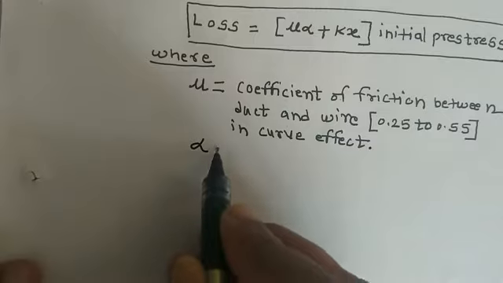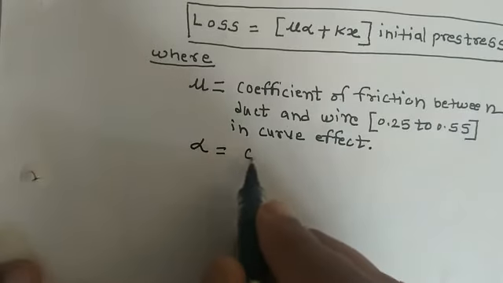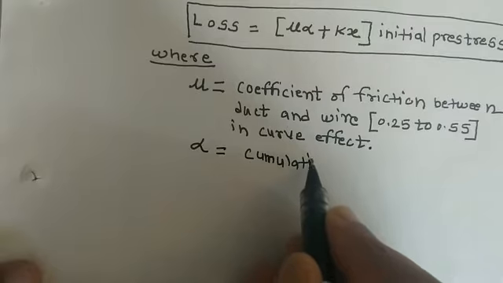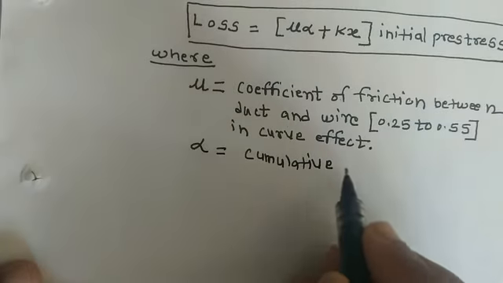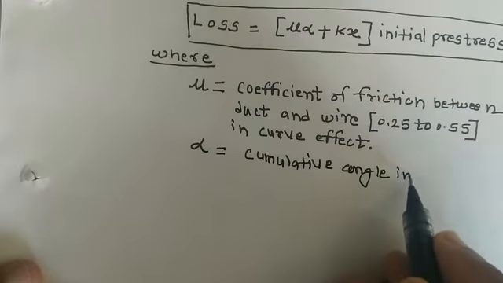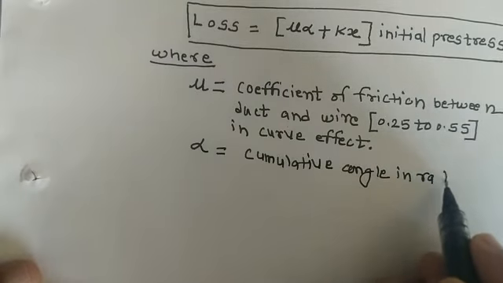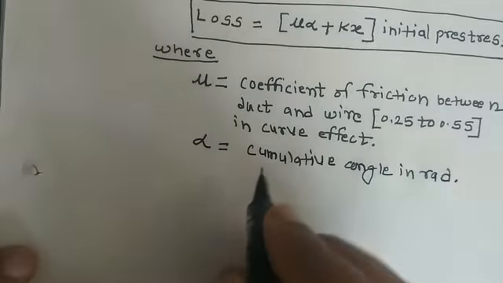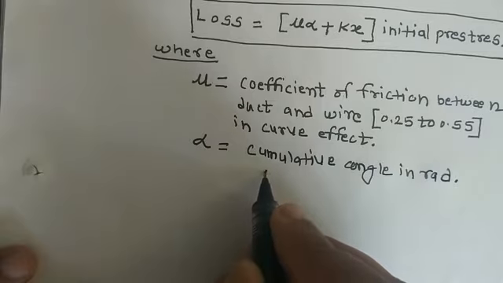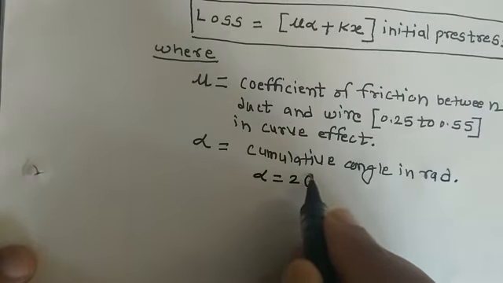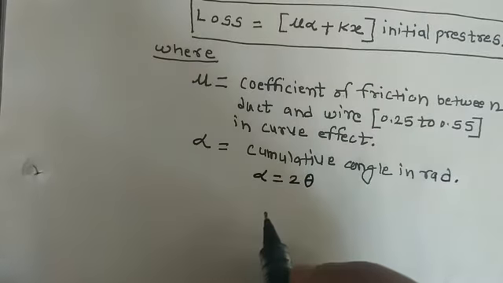Next term is alpha. So this is the cumulative angle in radian made by the curved tendon. Generally, alpha is equal to 2 theta.